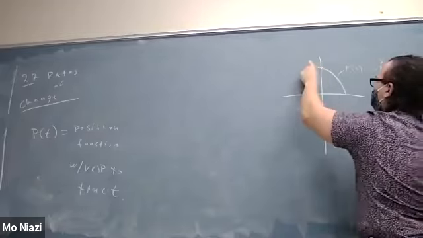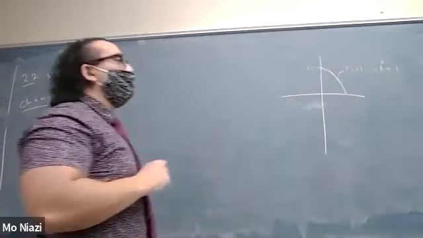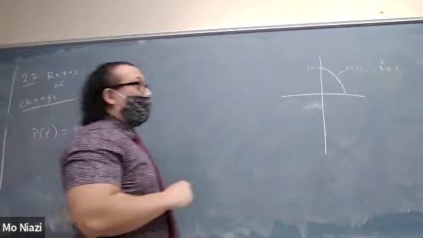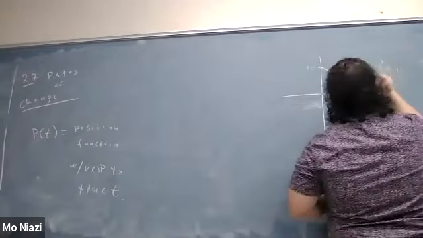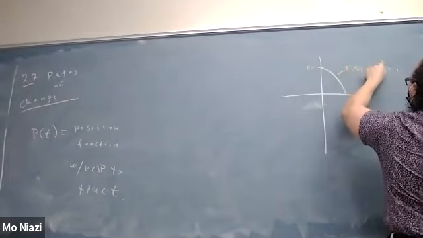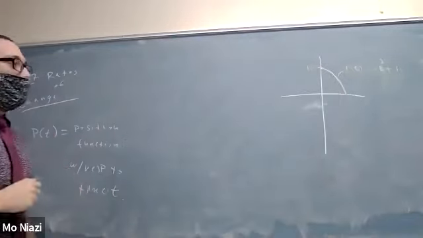So right here, we're at 10. For the sake of relevancy, replace the x with the t. So f of t is equal to negative t squared plus 10.